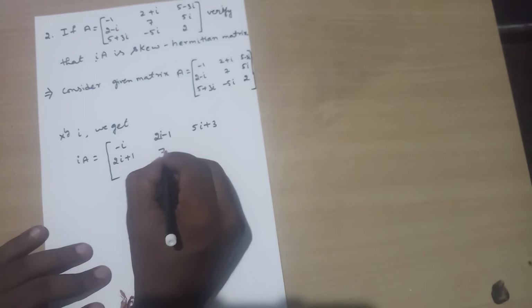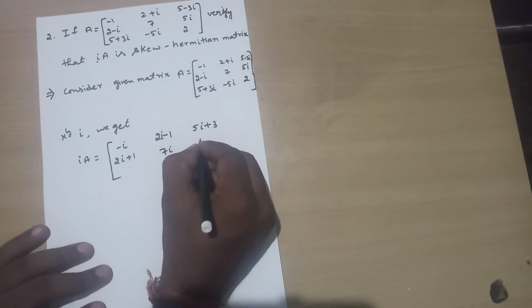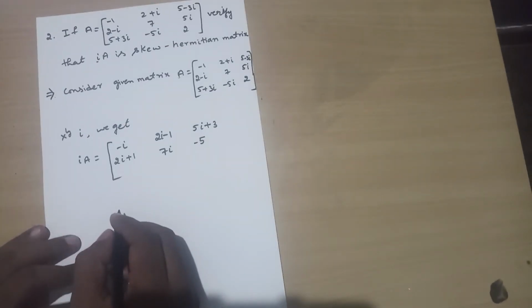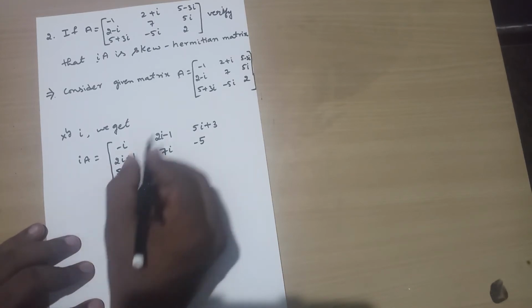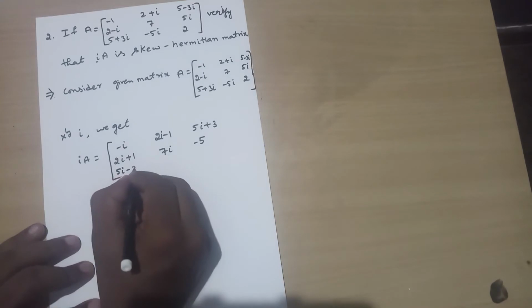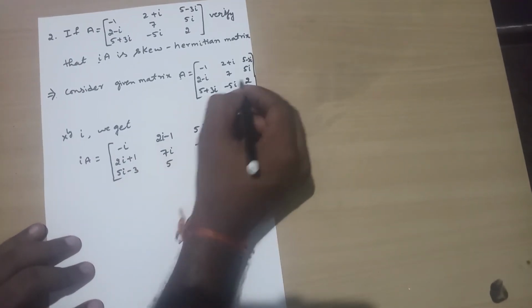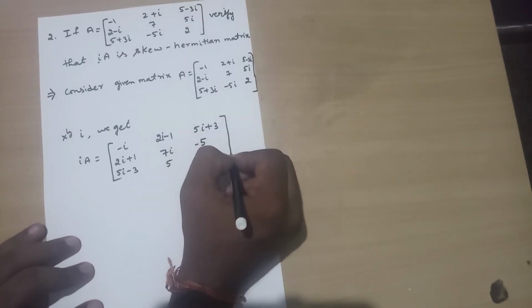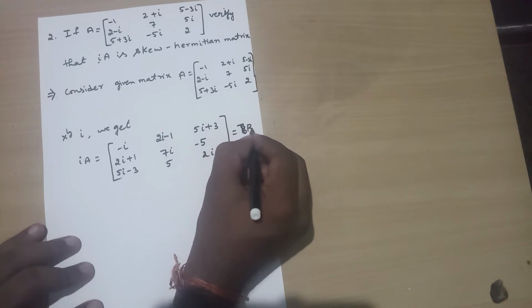So we'll get 7i, and here 5i squared means it is minus 1. So we'll get minus 5, and here 5i, i squared is minus 1, so minus 3 we get. So it is plus 5, and here we get 2i. So I got this one as the B matrix.